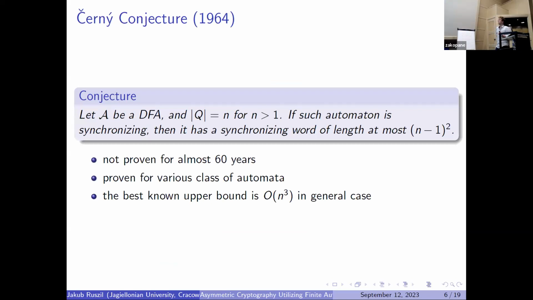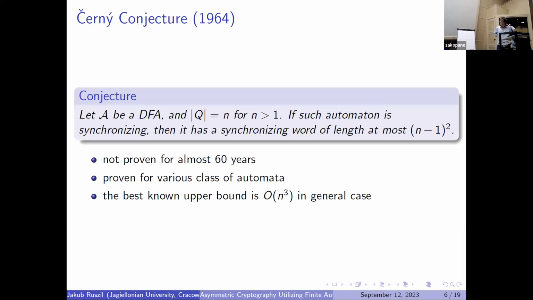Now, the conjecture you are seeing on the slide is one of the most important open problems in the theory of formal languages and automata theory, and also one of the most renowned in theoretical computer science.